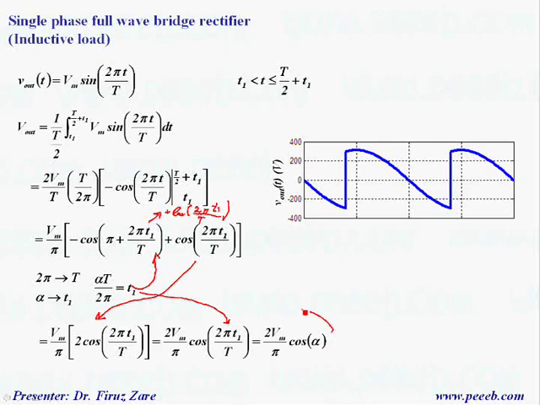That means we can find the DC voltage for a single phase half wave rectifier with an inductive load in terms of firing angle.